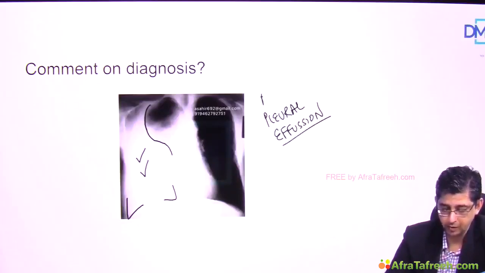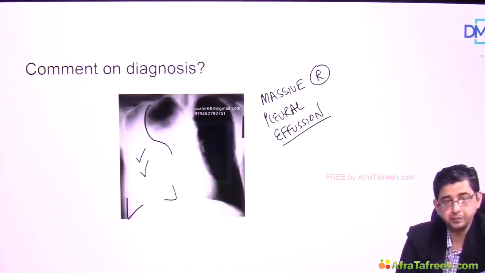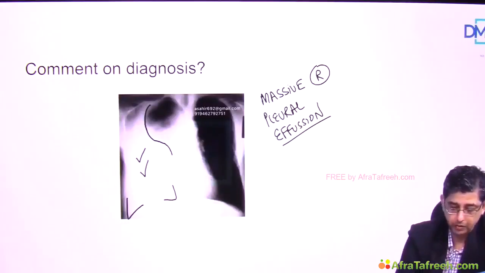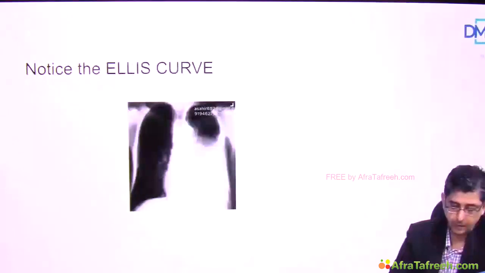This would be a massive pleural effusion, and the side on which the pleural effusion is present in this case would be right-sided. The answer to this question is massive right-sided pleural effusion. I've just shown another image here so that you can identify this curvature.